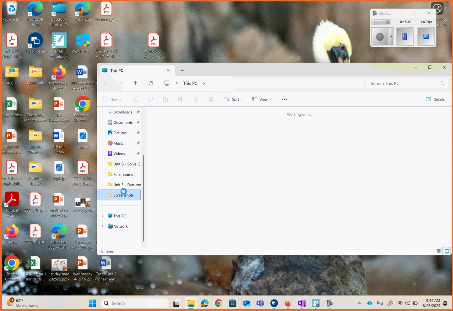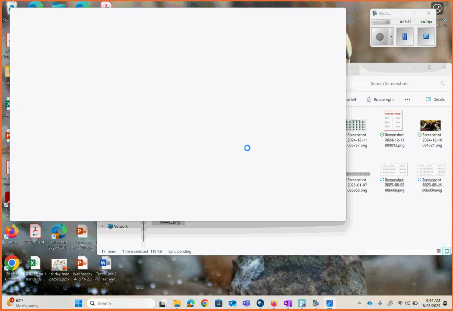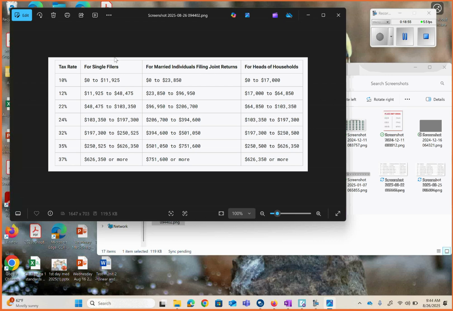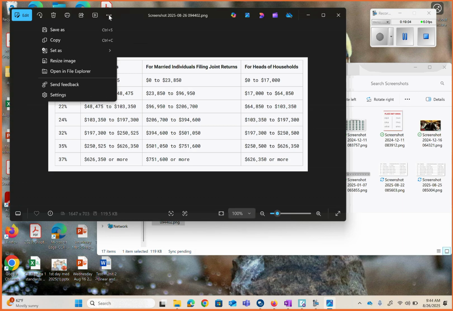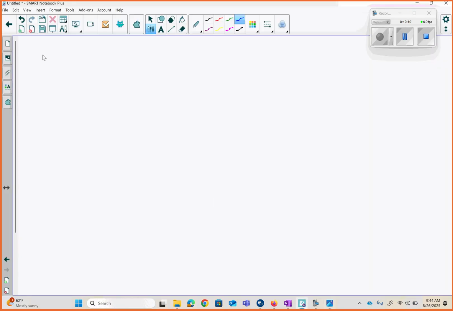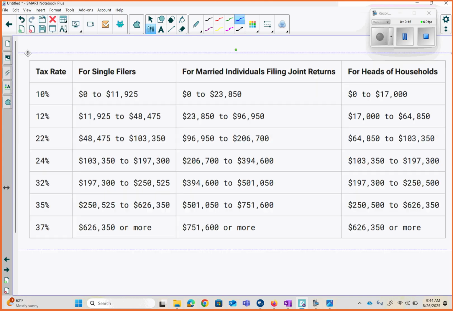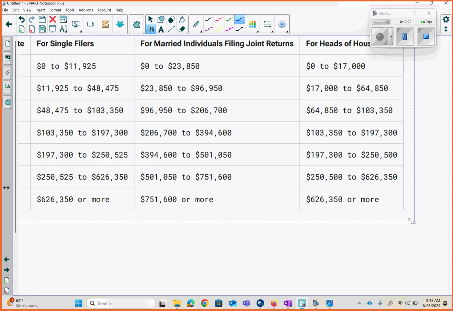Pictures, screenshots. That's it right there. All right, and I am going to copy this. Go back to here, paste. Come on, baby. There we go. All right, and I can probably bring this down to a nicer size.